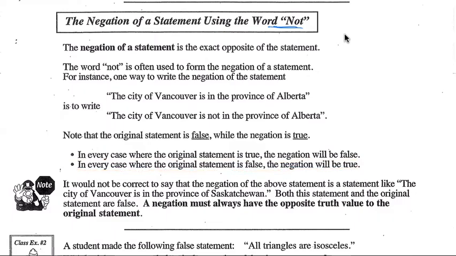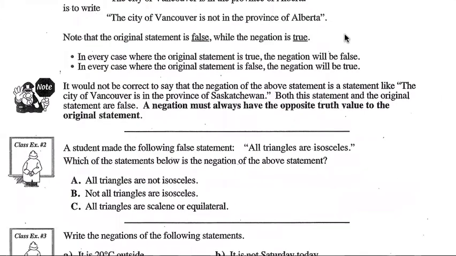Little note here, it would not be correct to say that the negation of the above statement is the city of Vancouver is in the province of Saskatchewan, because that's not the opposite of what it was talking about. Both this statement and the original statement are false. The negation must always have the opposite truth value to the original statement. Something to remember. A student made the following false statement: all triangles are isosceles.